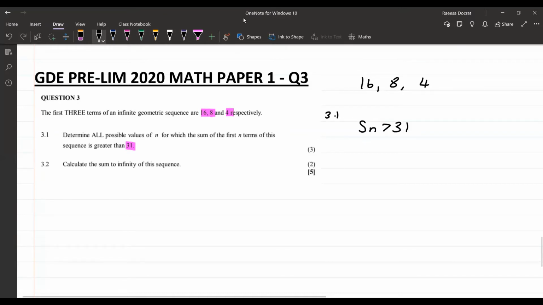So we want to solve where it is greater than 31. Having a look at this, this is a geometric sequence, so we're going to use the geometric series formula, which is a times (1 minus r^n) over (1 minus r). A is our first term, so it is 16. R is T2 divided by T1, so it's 8 divided by 16, which is a half, or you could do any one.